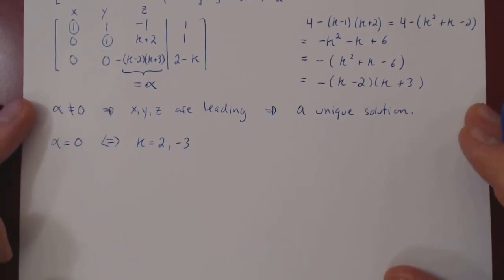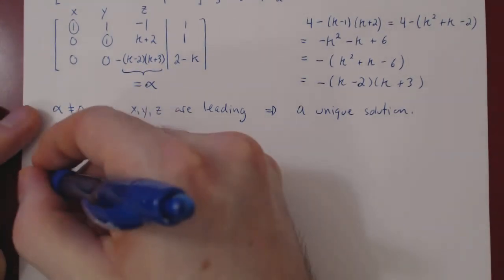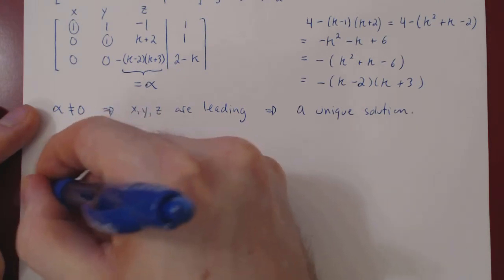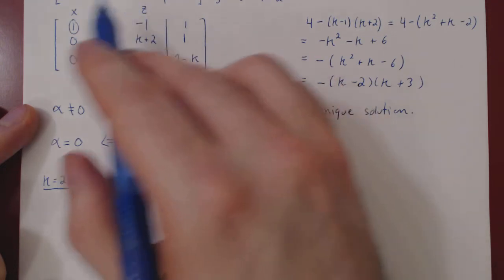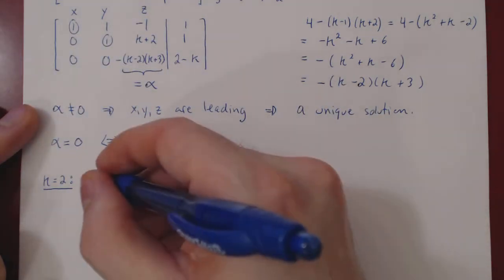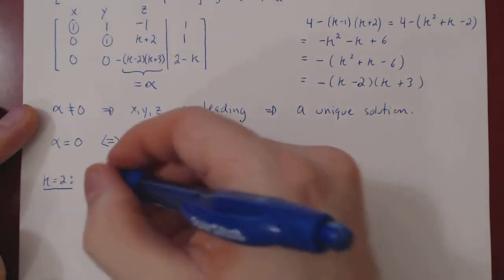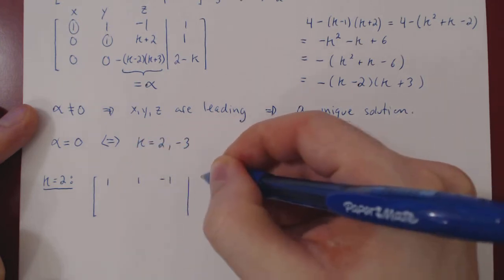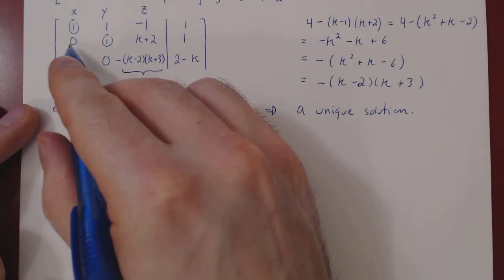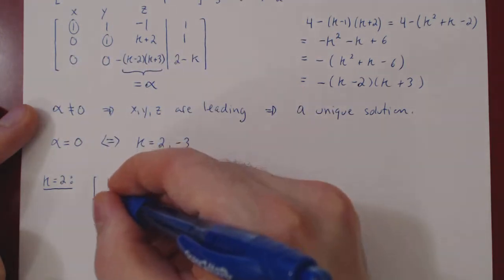So let's check what happens when k equals 2. Plug it back in the row echelon form of the matrix, see what we get. The first row stays the same as there is no k. The second row will become 0, 1, 4, 1.